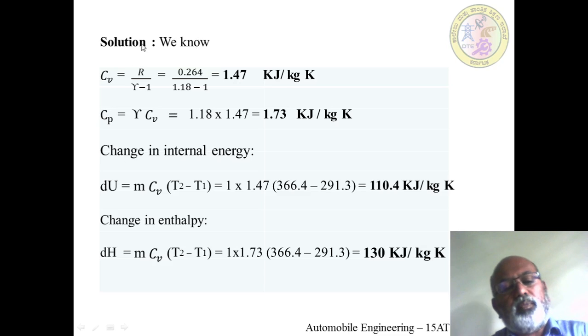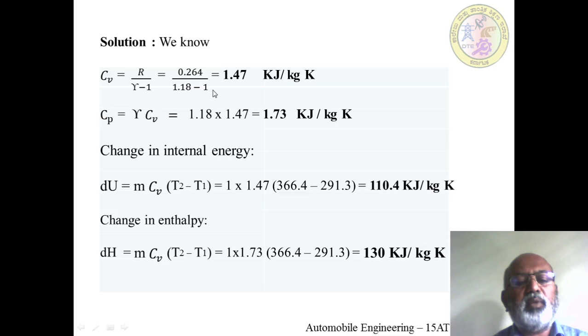Solution. We know Cv, the specific heat at constant volume, is equal to R divided by gamma minus 1. R is 0.264 and gamma minus 1 is 1.18 minus 1. After simplification, we get Cv equal to 1.47 kilojoules per kg Kelvin.